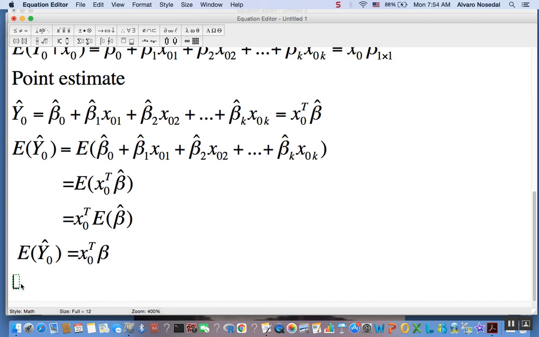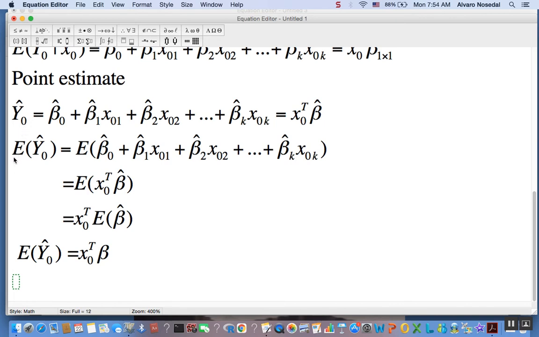Okay, so to obtain that margin of error, we must have an idea of the variability of our estimator, right? So now what we have to do is try and find the covariance of this guy, of y hat 0. Okay, so let me write that down.